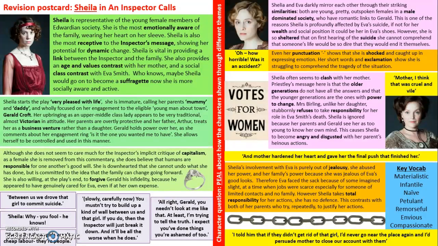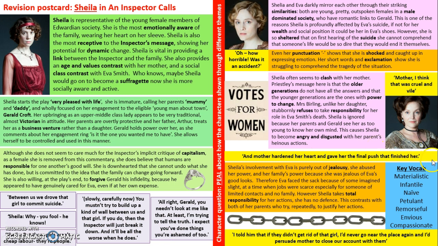Apart from these, you've got revision postcards for some of the characters and themes. So we've got one for Sheila. These are absolutely wonderful. I know I've trialled them in the past and they've worked really well. It starts off by giving you an explanation of the character, some key quotes used to describe the character, things that they say, a bit of context on the right hand side as well, and key vocabulary that is used.